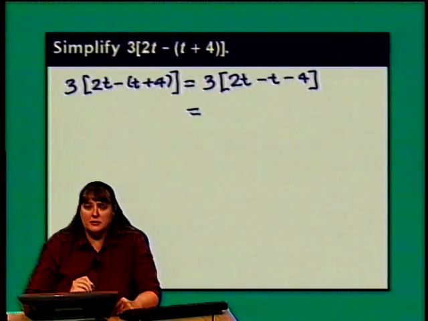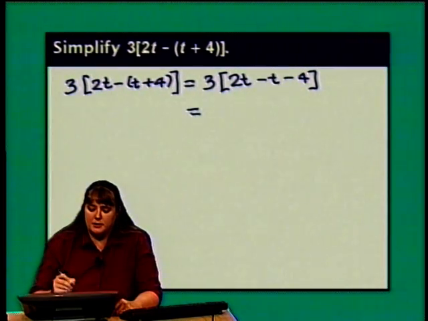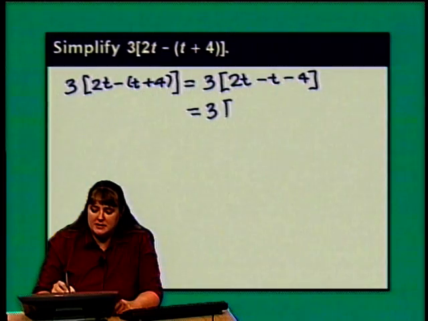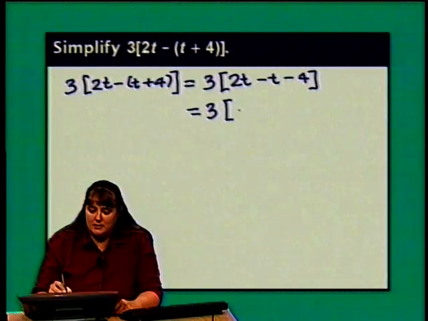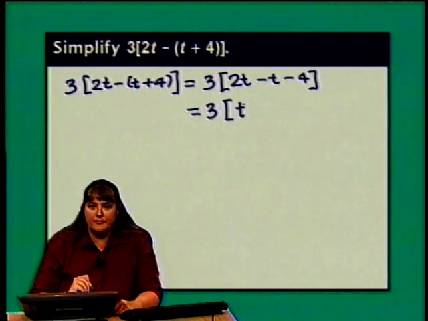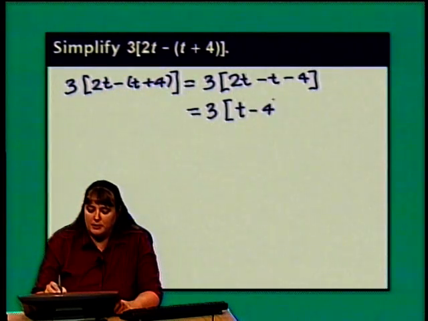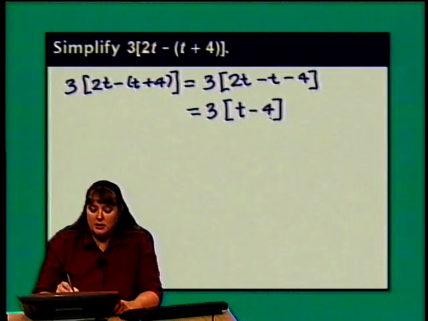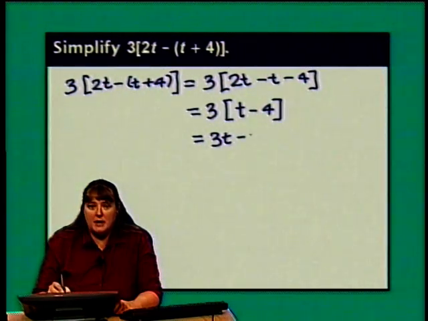Inside my grouping symbols, 2t and negative t are like terms. 2t plus negative t is 1t, which I can write as just t. So I have t minus 4 in my grouping symbols. Distributing the 3, I would have 3t minus 3 times 4 is 12.